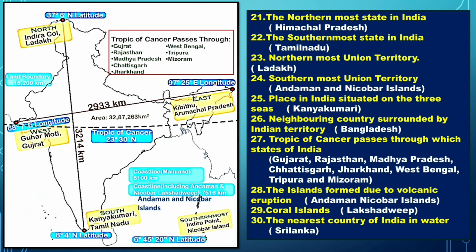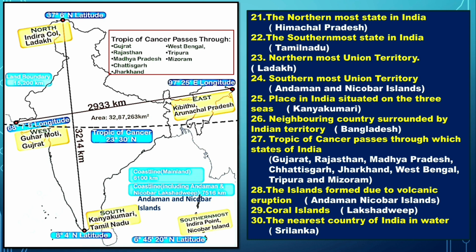Now let us see the northernmost state in India, that is Himachal Pradesh. Because according to the latest political map of India, Jammu and Kashmir and Ladakh are considered union territories. So now the northernmost state in India is Himachal Pradesh. The southernmost state in India, that is Tamil Nadu.